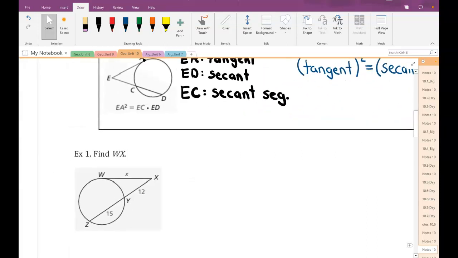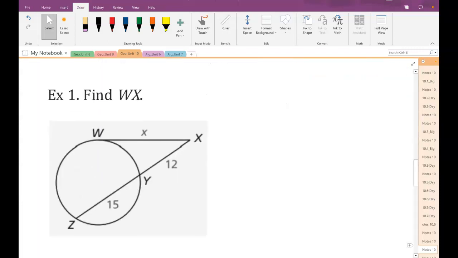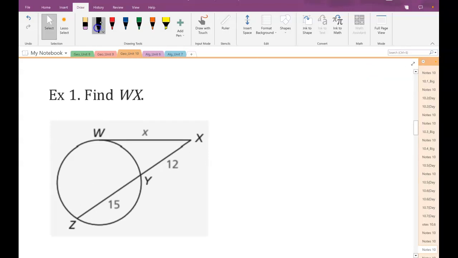So looking at our first example, we're trying to find WX. If we label our pieces, WX is our tangent. Why it's a tangent? Because it touches at one point.